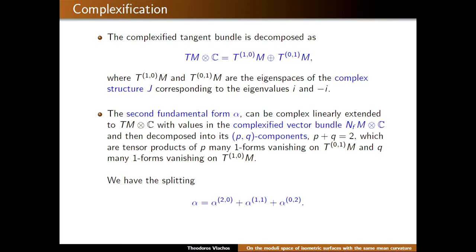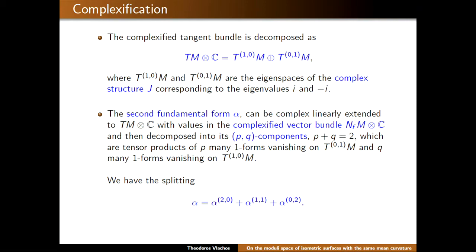So we complexify everything. We consider the tangent bundle and its complexification. We have the usual decomposition of the complexified tangent bundle into subbundles, which correspond to the eigenvalues of the complex structure of the surface.